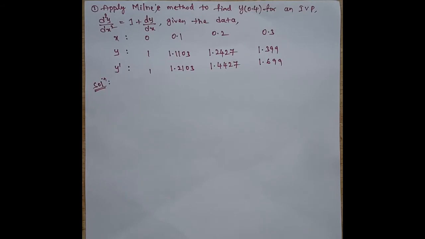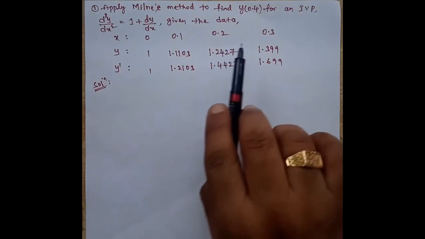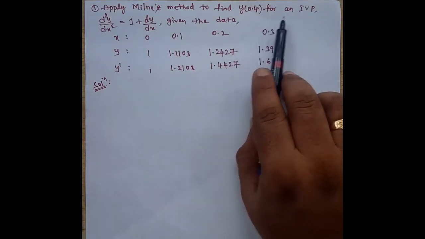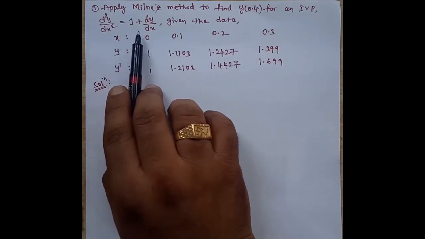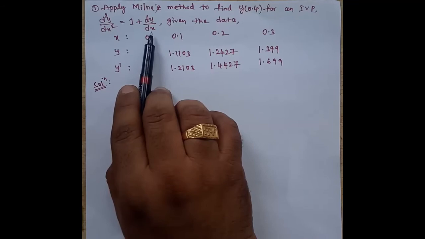Okay, so we shall start the first problem on Milne's method. Apply Milne's method to find y of 0.4 for an IVP d square y by dx square is equal to 1 plus dy by dx.